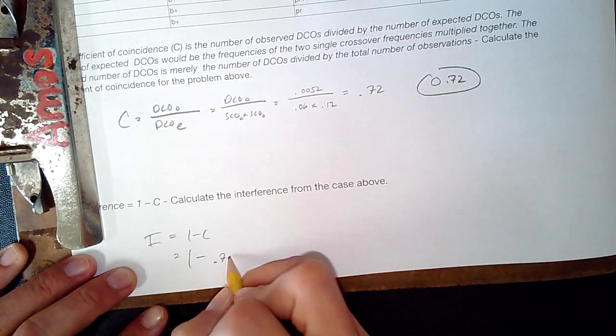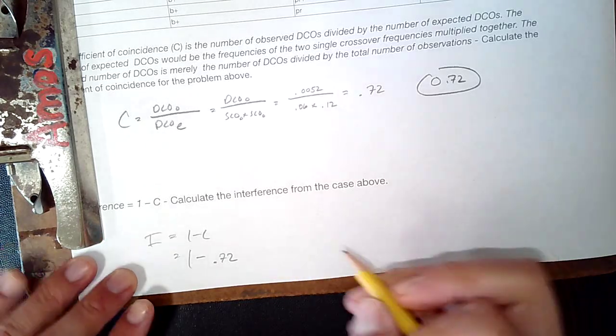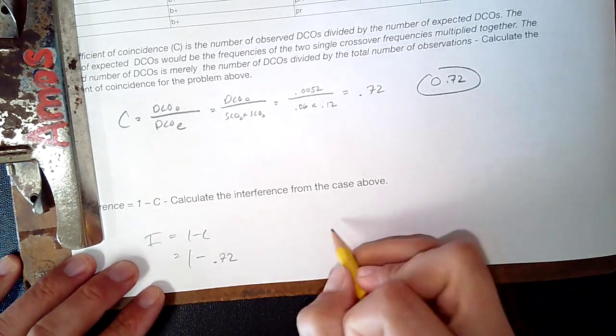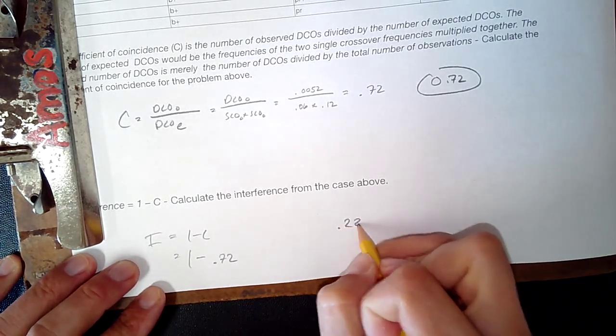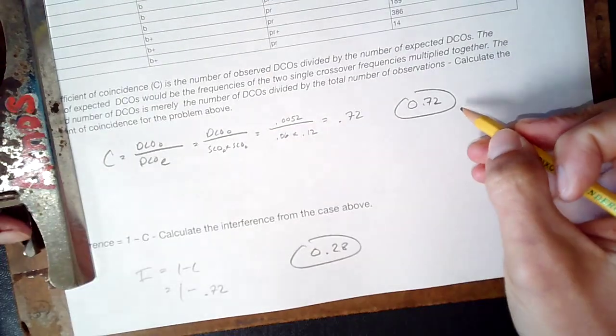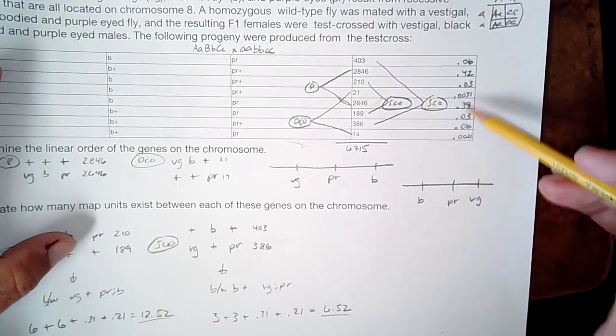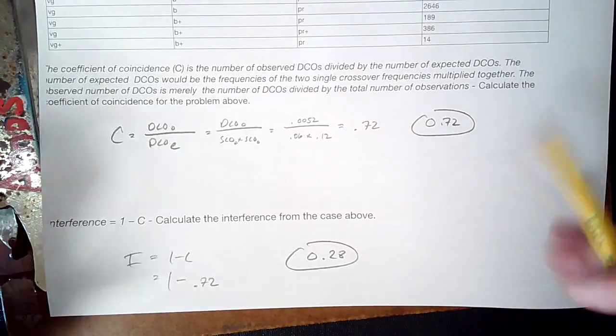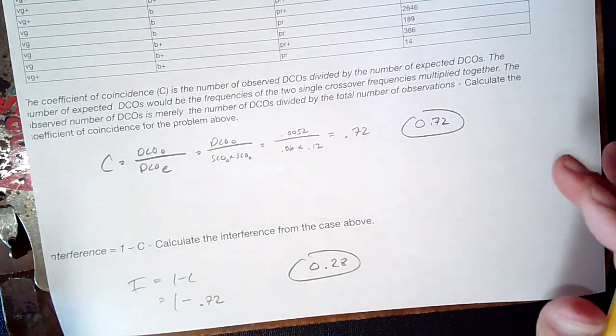It's 0.72. And so my interference is going to equal 0.28, right? So C is 0.72, interference is 0.28. As long as your numbers on the other side are correct, you've done your correct calculations of frequencies, this should be pretty straightforward for getting your coefficient of coincidence and your interference.